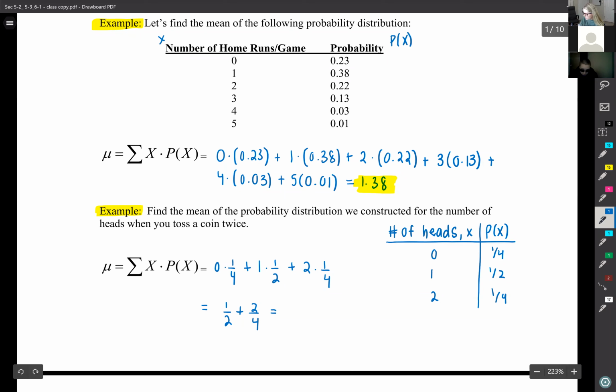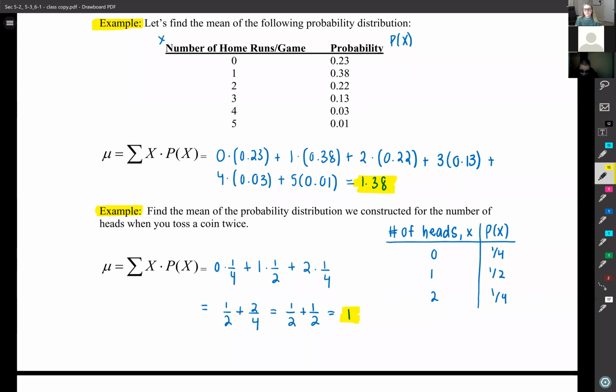So this is equal to 1/2 plus 1/2, which is 1. So that means that on average, you can expect to get 1 head. If you toss a coin twice, you could say, okay, on average, I get about 1 head.